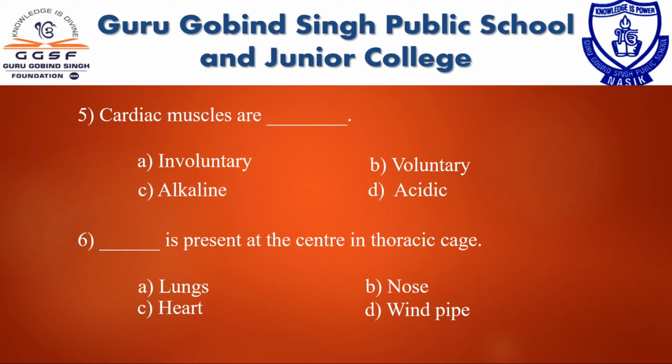Next question is, cardiac muscles are dash. The correct answer is involuntary. Next is, dash is present at the center in the thoracic cage. Options are lungs, nose, heart, and windpipe. The correct answer is heart.